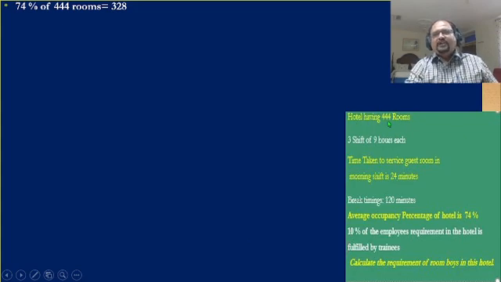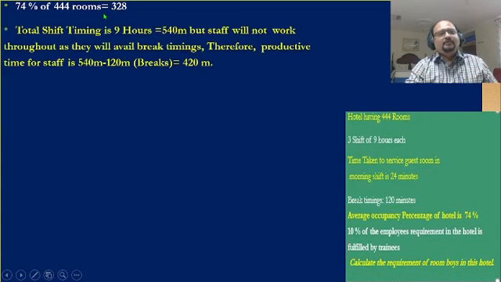So you can see hotel having 444 rooms, but since it is given that average occupancy percentage is 74, we are calculating first that 74% of 444 rooms makes it 328 rooms. So it is 328 rooms. Now total shift timing is given in the question, so we'll proceed with 328 rooms. Whatever answer we get from that, we have to reduce 10% because of 10% trainees, and that will be your answer.